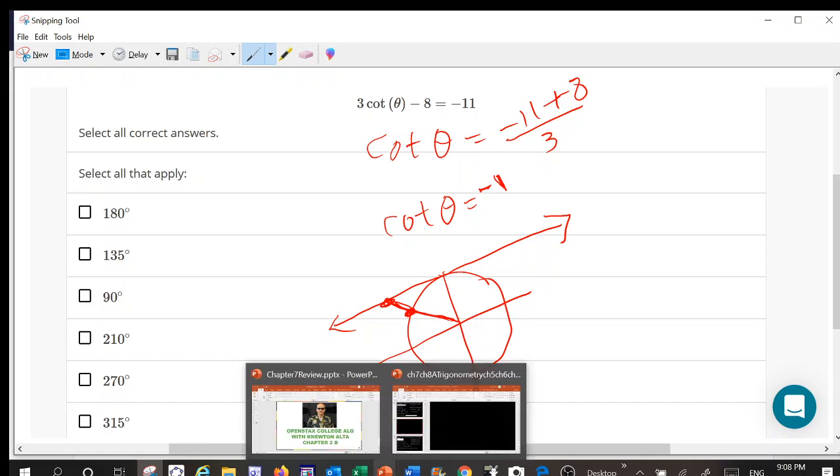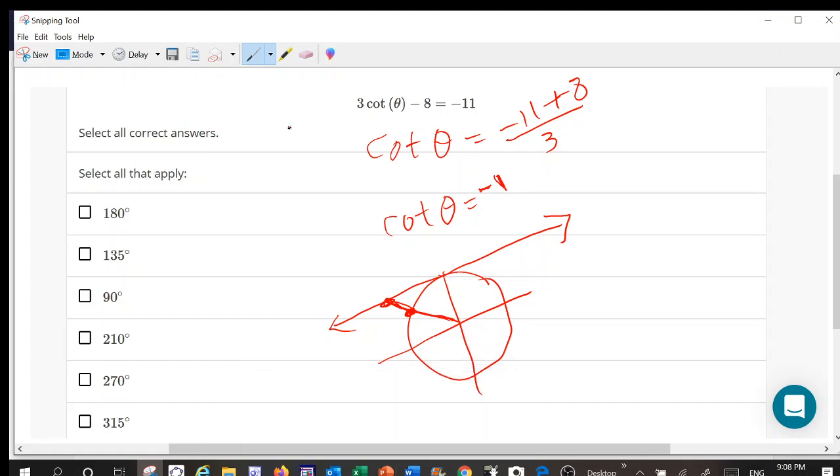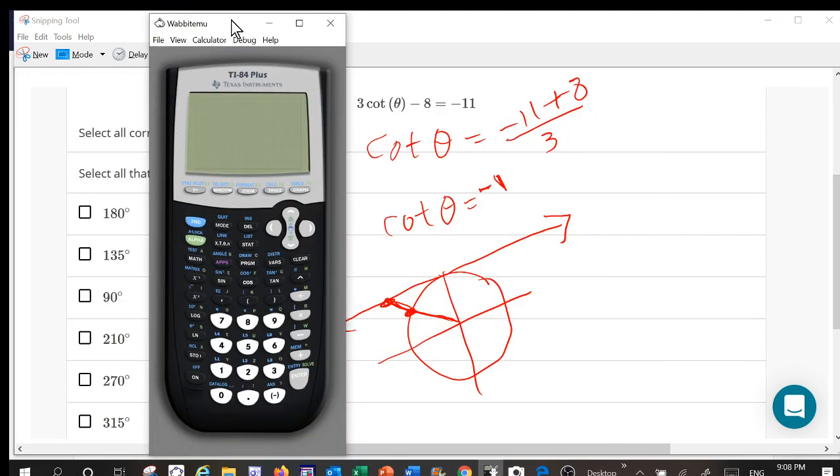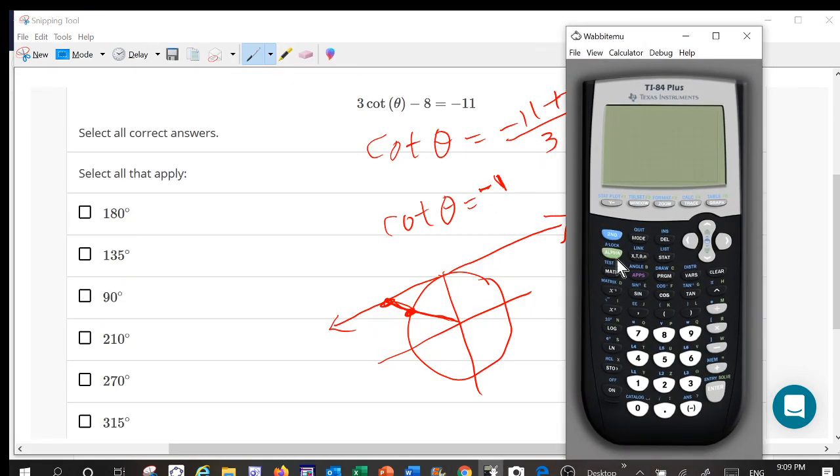Now, suppose you don't know this and you want to use the calculator. Again, calculator doesn't have cotangent inverse. So what do we do? We use degree mode. So we're going to do 90 minus tangent inverse of -1, which is 135, right?